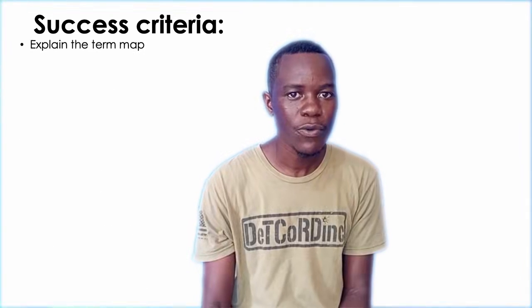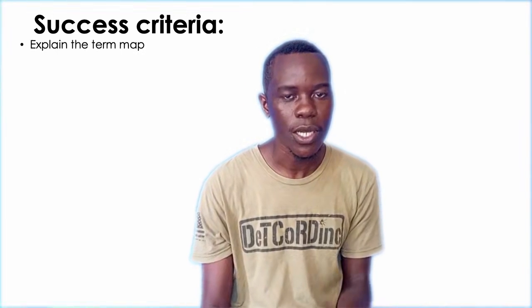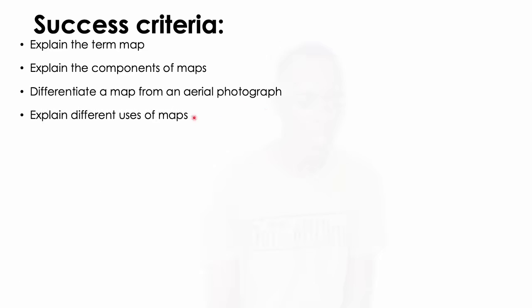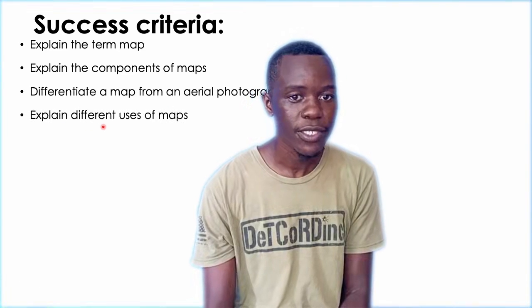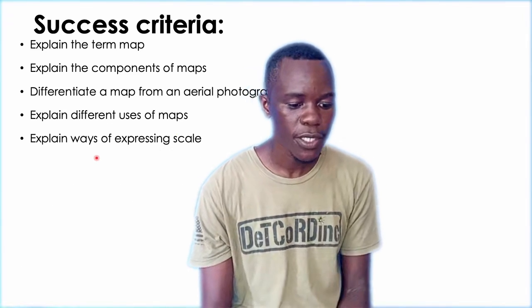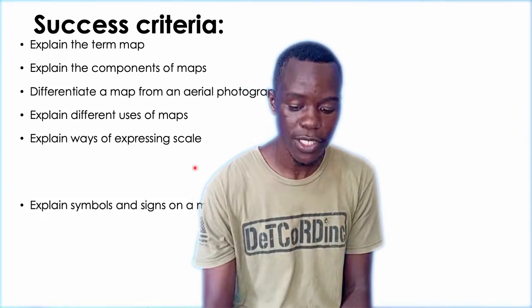There are a number of things which we are going to learn under these topics. The first thing is the term map. Another thing is the components of maps. We're also going to learn the difference between a map and an aerial photograph. And also we're going to explain the different uses of maps and explain ways of expressing scale.